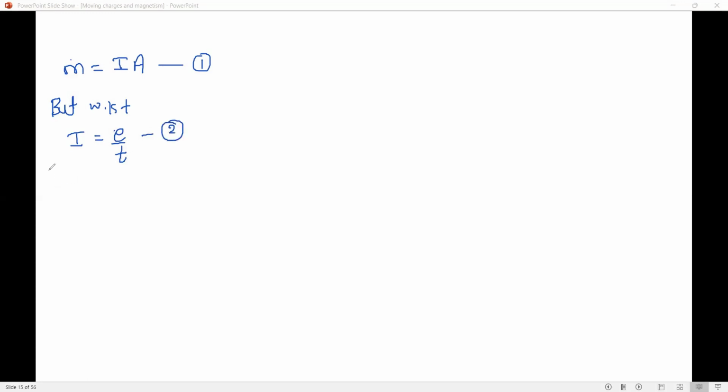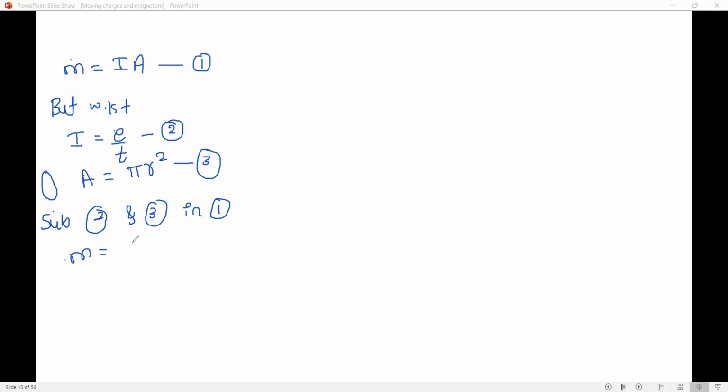Here whatever the orbit is, it is a circular orbit. So for a circular orbit the area will be pi r square. This is equation 3. Now substituting 2 and 3 in equation 1, what are we getting?